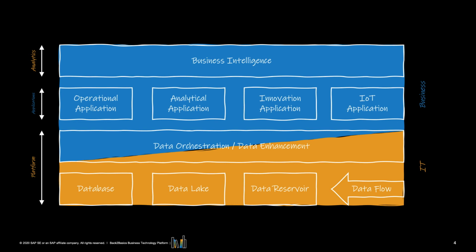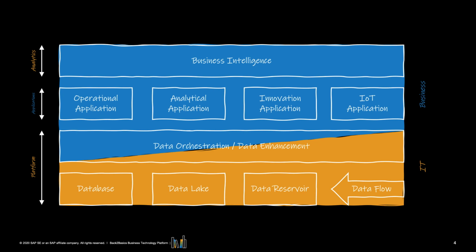This is more in how the data is utilized, stored, optimized. In the middle, we find data orchestration. This is where business and IT meet, because business wants to get more out of the data and IT wants to provide more to the business so that the business becomes an intelligent enterprise.